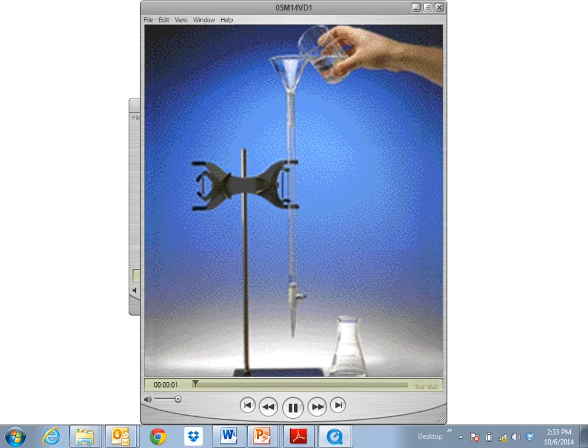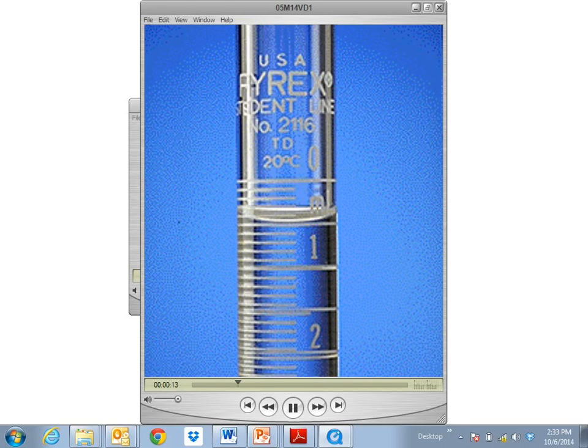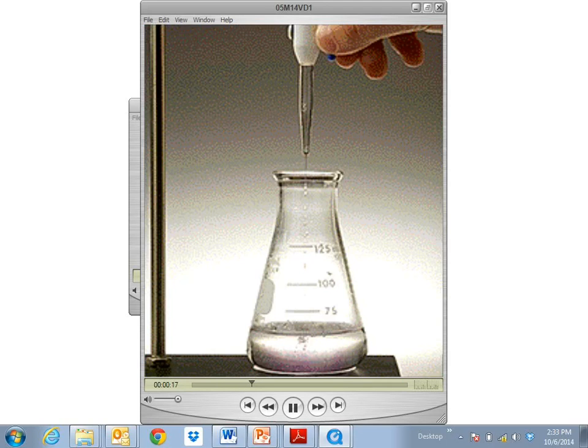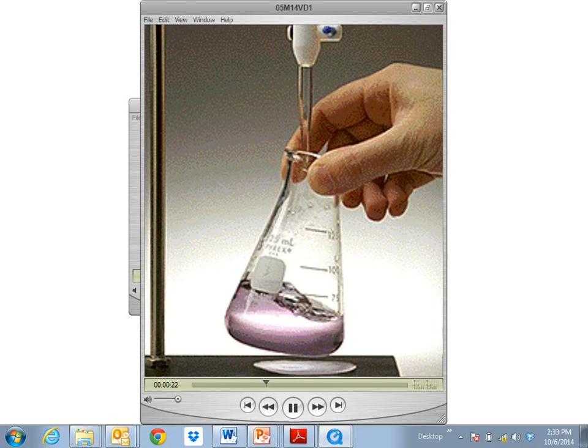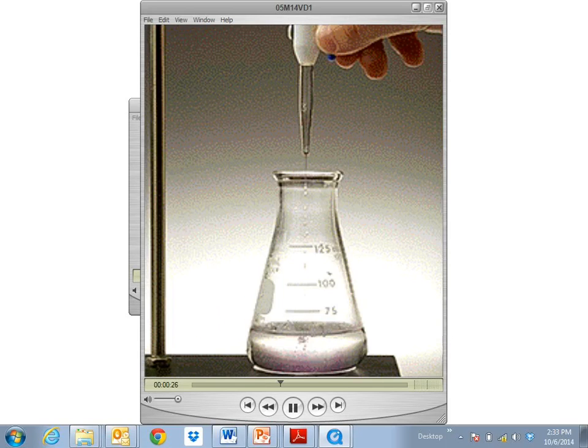Here, a sodium hydroxide solution, whose concentration is accurately known, is being added to a burette before titrating an acid of unknown concentration. The volume of sodium hydroxide solution in the burette is estimated to 2 decimal places. The sodium hydroxide solution is added slowly to a solution of the unknown acid in a flask. The acid solution also contains an indicator, whose color will change to pink when the acid has been consumed.